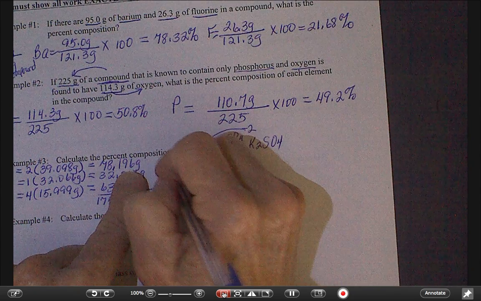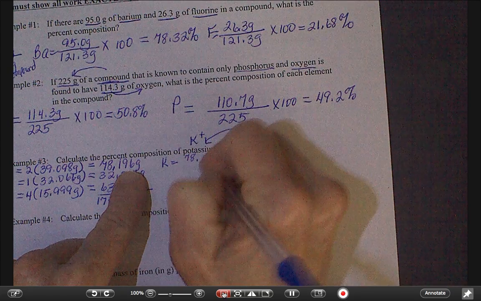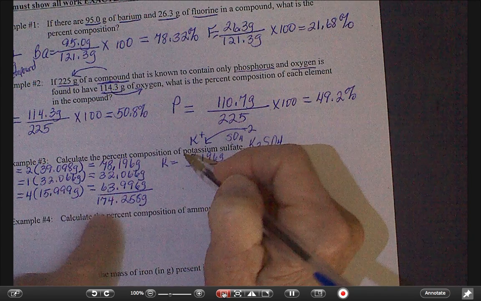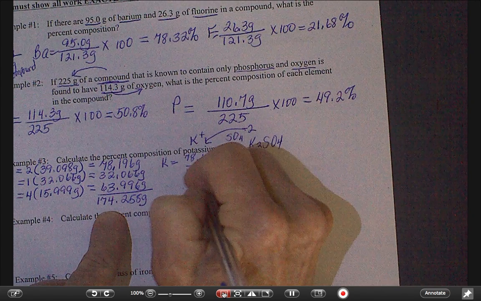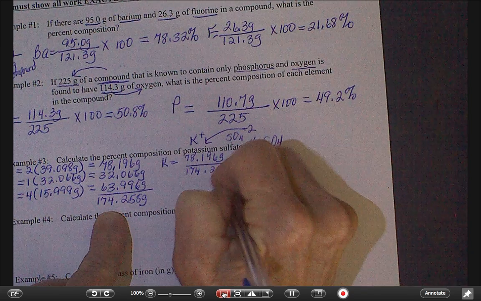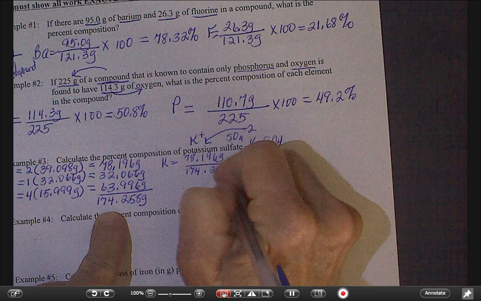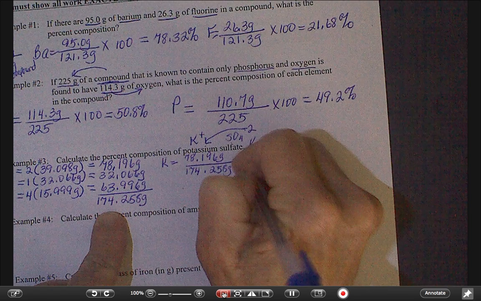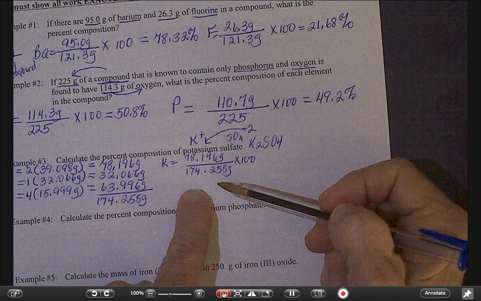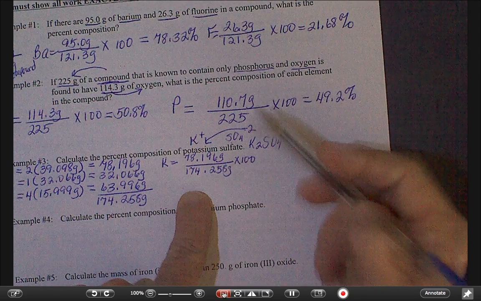So my K is equal to 78.196 grams divided by total mass was 174.258 times 100. So when you divide that out, I got 44.87%.